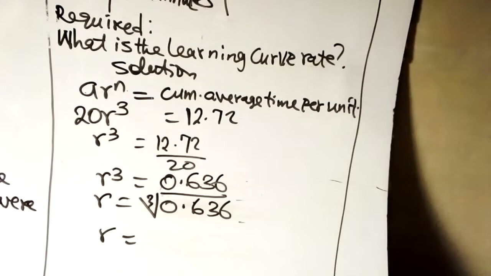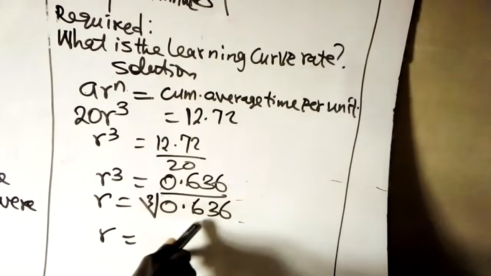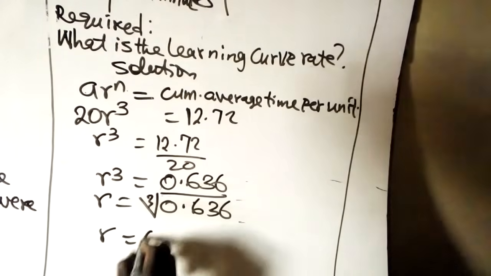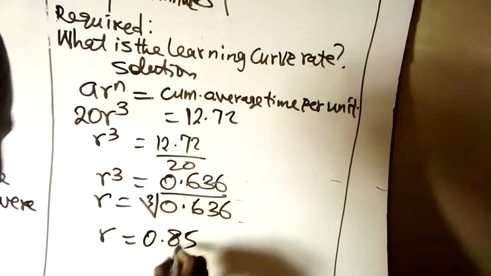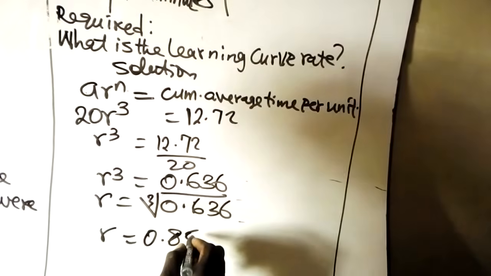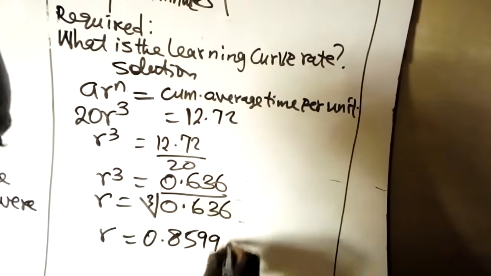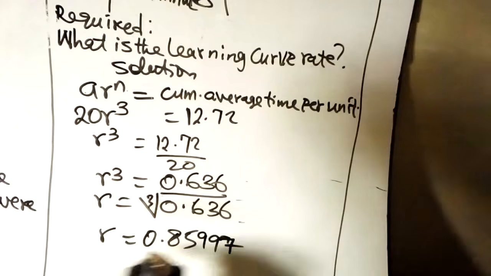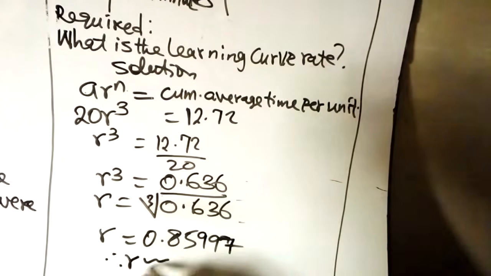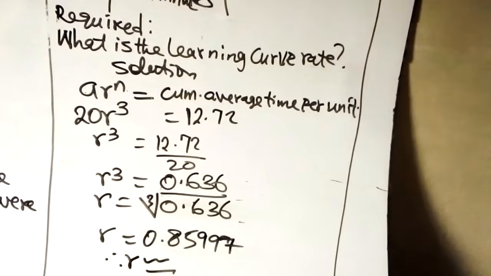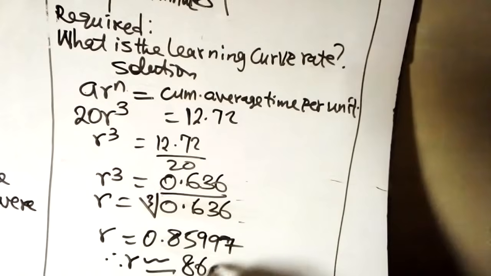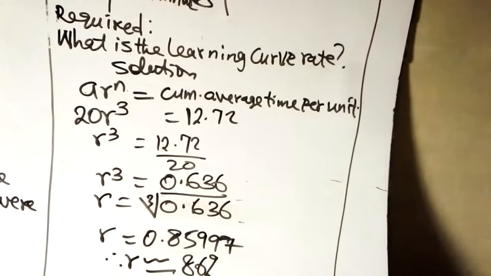The cube root of 0.636 is 0.85997. Therefore, R is approximately, if you multiply this by 100, 85.997, which is approximately equal to 86%. So the learning rate is 86%.